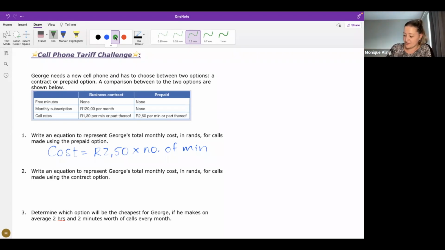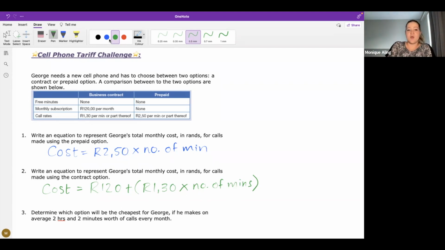With the contract option, there is a monthly subscription, and we know with contracts there always is a monthly subscription or a monthly fee. And then on top of the monthly fee, he will need to pay R1.30 per minute. So we're going to say times the number of minutes. These are just general formulas that we will use to work out any amount of minutes.